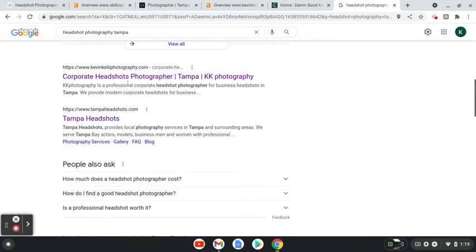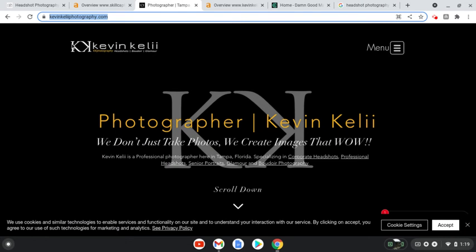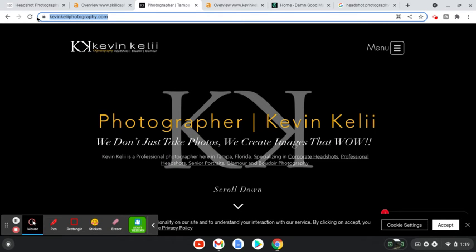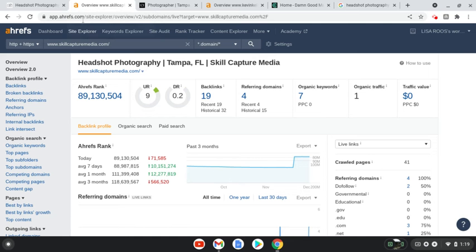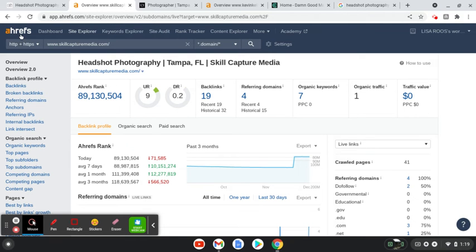In here, I brought up your largest competitor, Kevin Kelly, and threw it into Ahrefs. Ahrefs is a website that we have a membership to that gives us all the background information on websites.